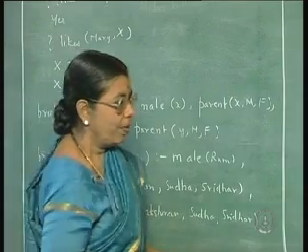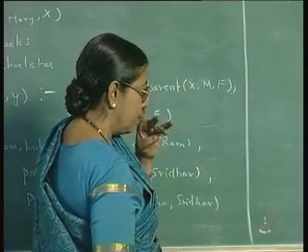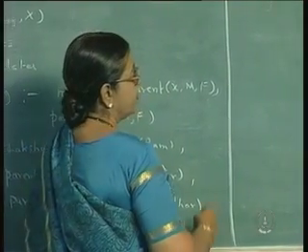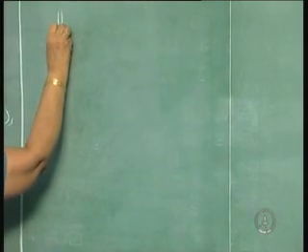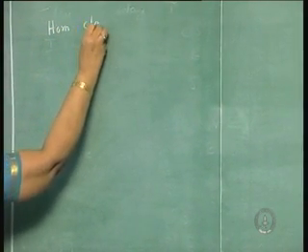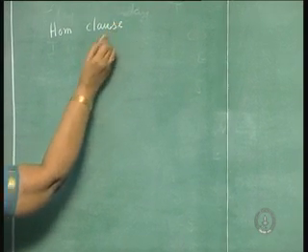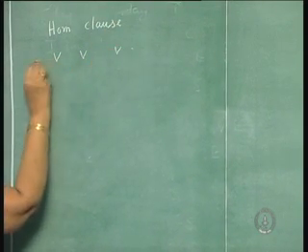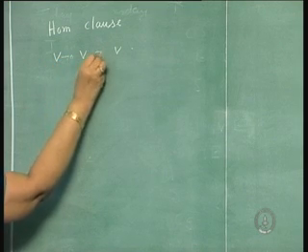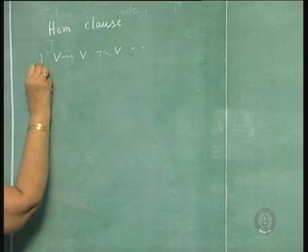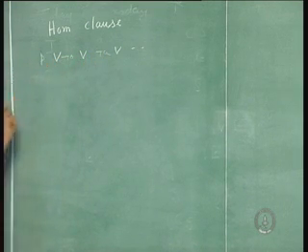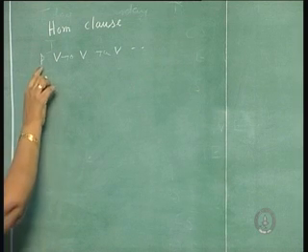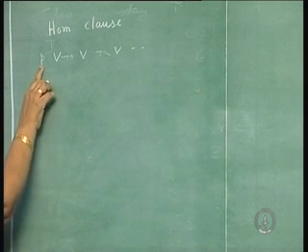Now, a Horn clause is like this. A Horn clause is again a disjunction of literals, but all of them will be negated except one, or either all of them will be negated or at most one may be a non-negated literal.